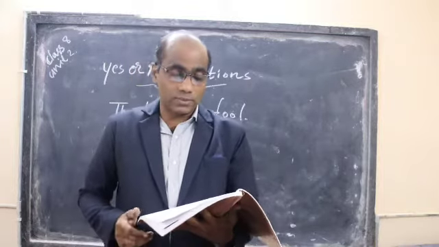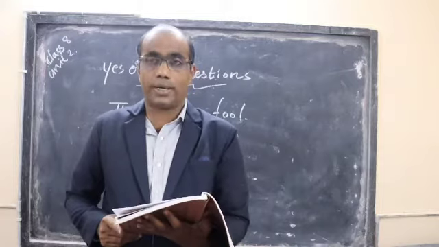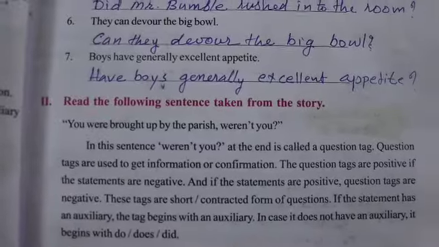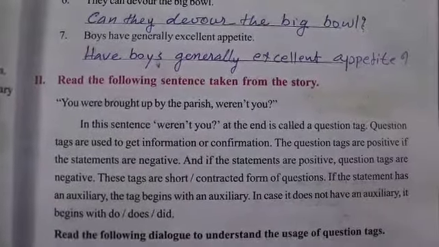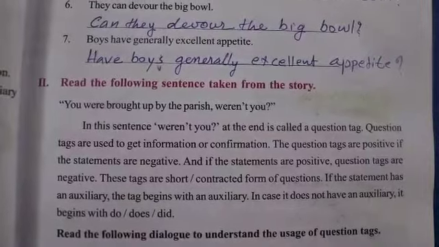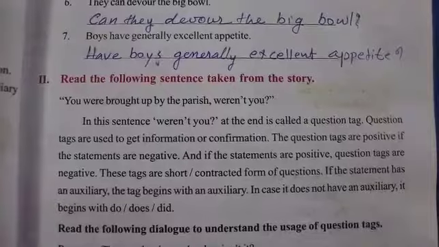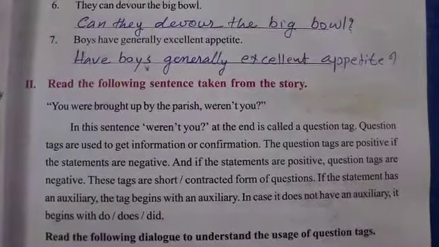Now, my dear friends, let us read the following sentence taken from the story. Look at the book. You were brought up by the parish, weren't you? In this question, "weren't you" at the end is called a question tag.